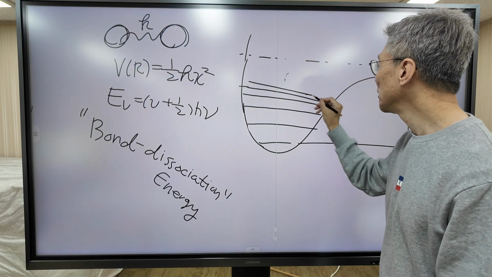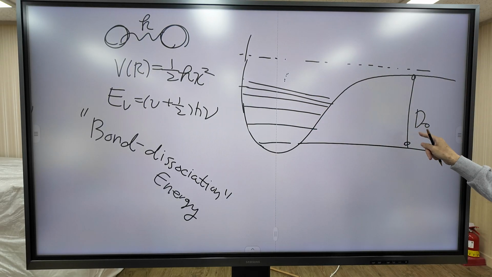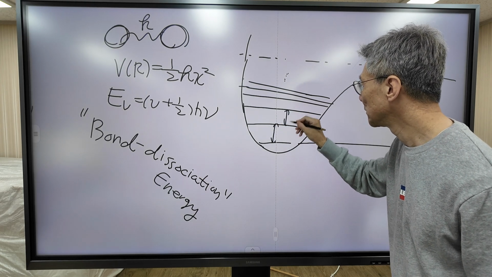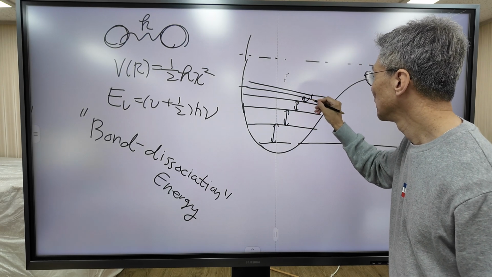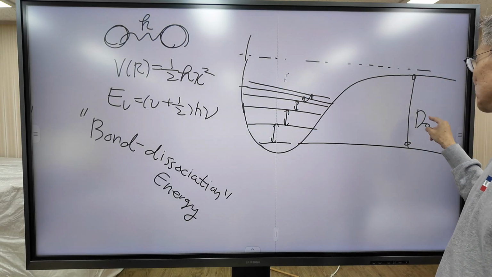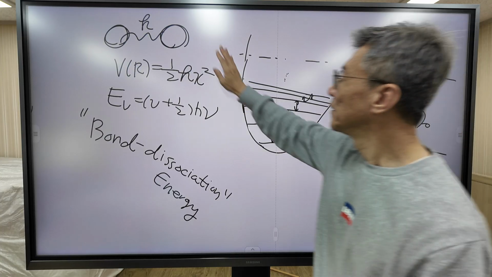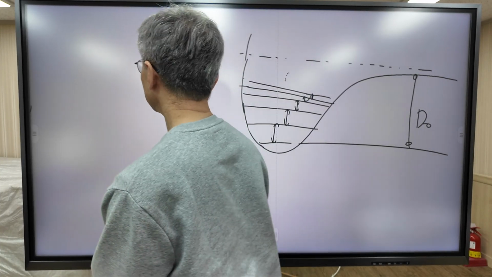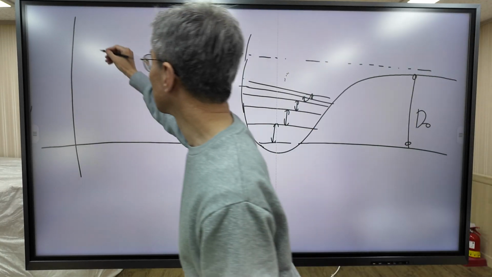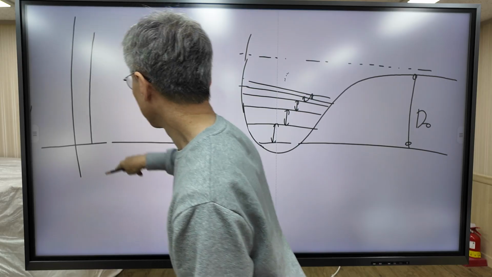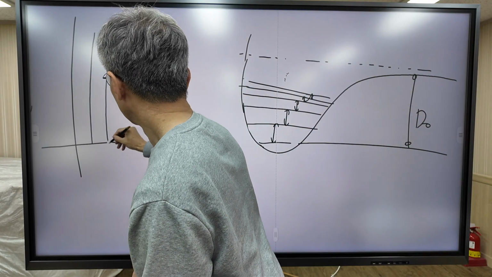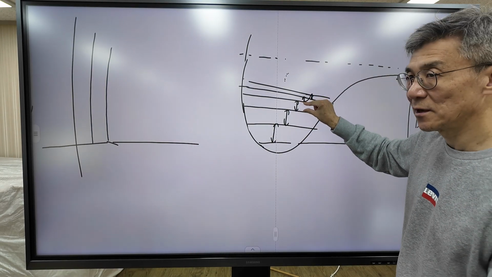So in principle, how do you measure bond dissociation energy? In principle, you add up all the energy spacing. You add up all the energy spacing indefinitely, then you can obtain the bond dissociation energy. So let's say this bond dissociation energy is plotted as this one, and this one like this, and this one like this.